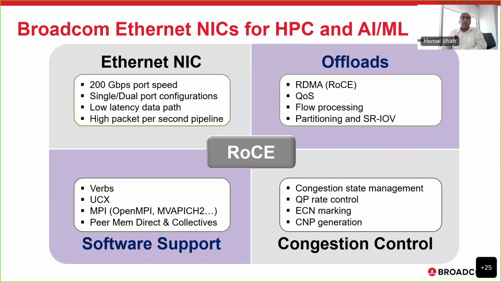For all that, you need hardware support. So for the whole congestion state management, there is QP level rate control, and a group of QPs that you can control, targeting a destination, their rate.